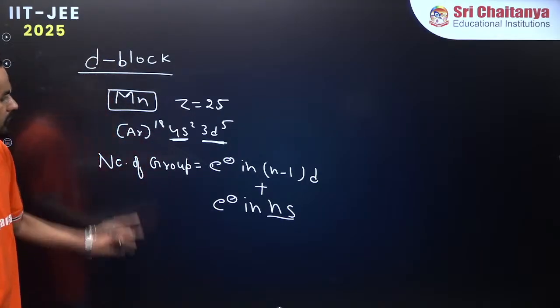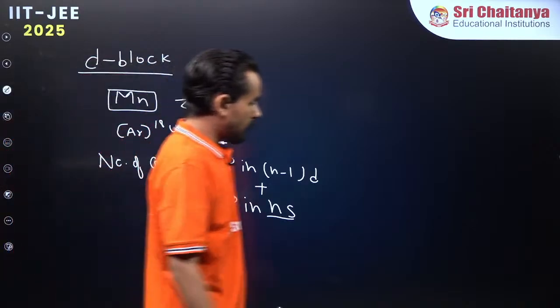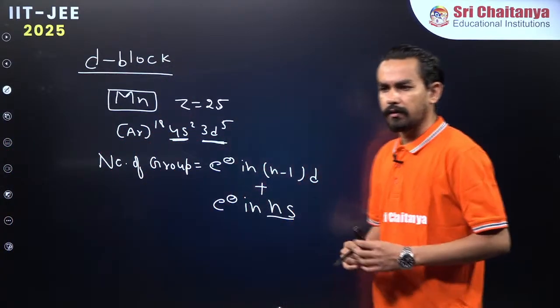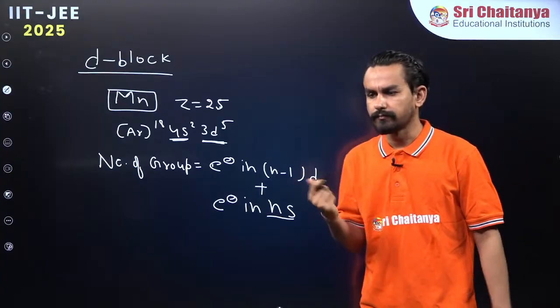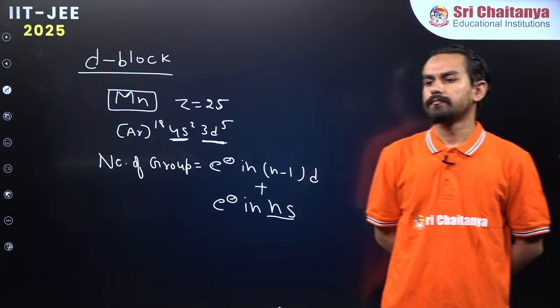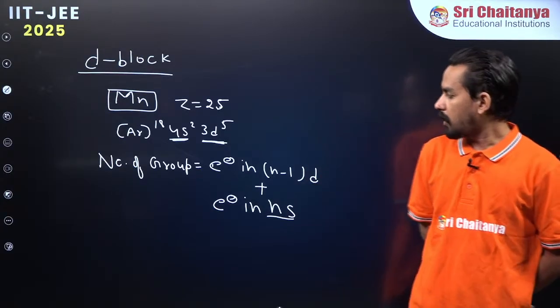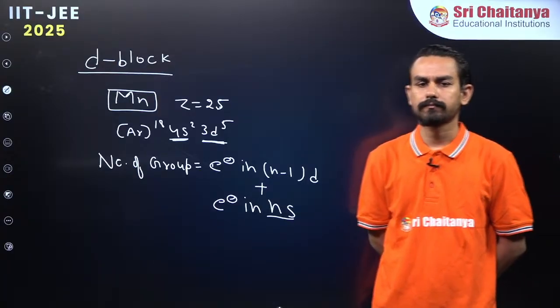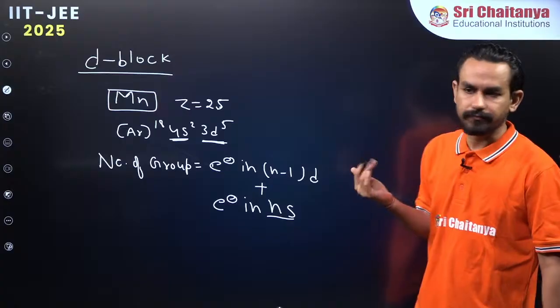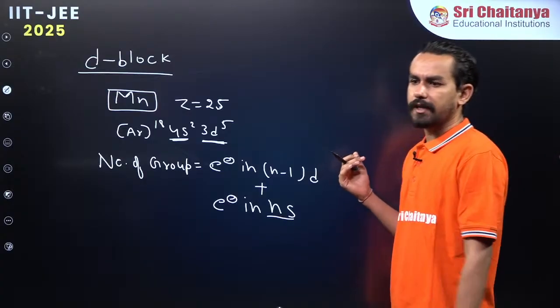Now tell me, in this case how many d and how many s electrons are there? Speak, everyone. Group 7.